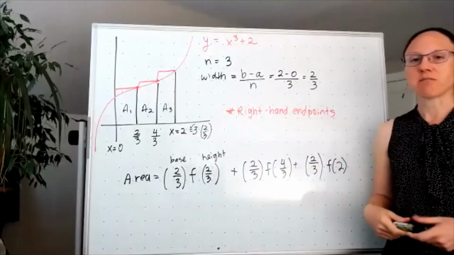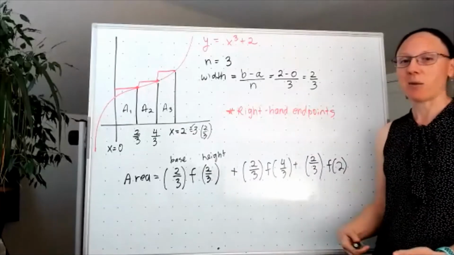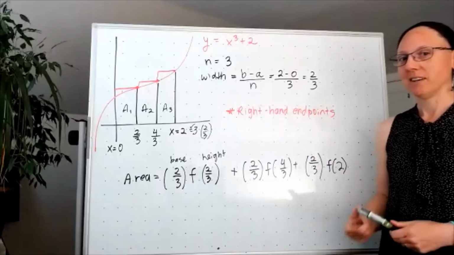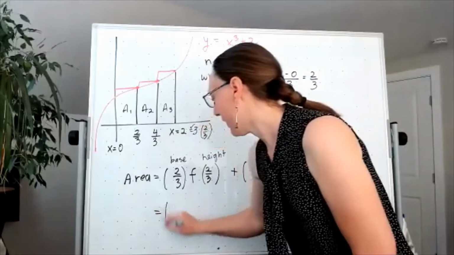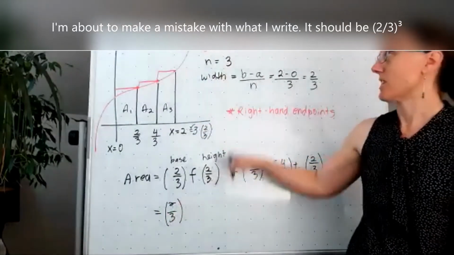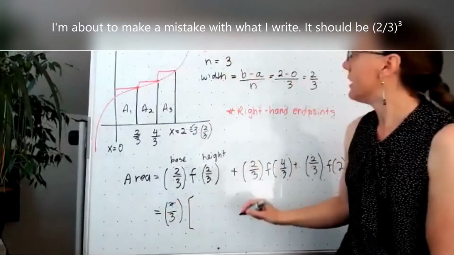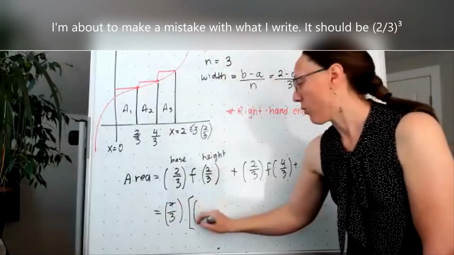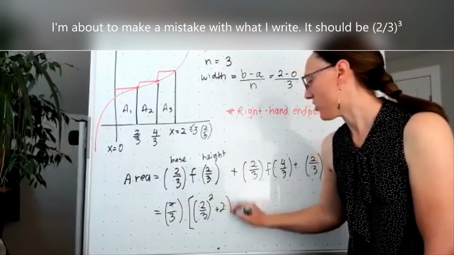And if all we had to do was find an expression for this, maybe we could quit here. Most of the time we need to actually evaluate this. So to evaluate this, I'm going to take that 2/3 and plug it into my function. So this would look like 2/3 cubed plus 2.